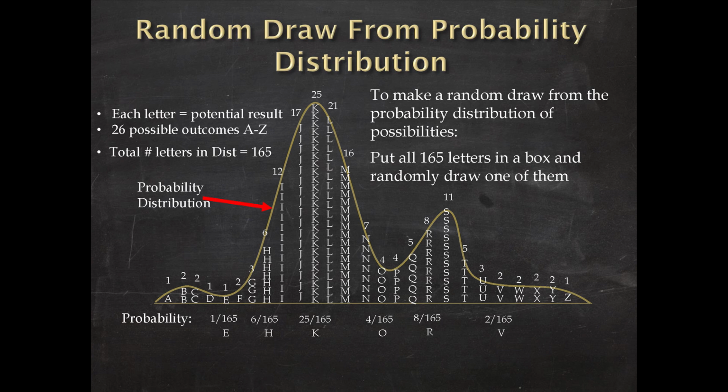All 165 of these letters will go in there. So what's the probability you pull out a K? That's bigger than anything else, because there's 25 K's in the box. Your probability of pulling a K out is going to be a lot bigger than your probability of pulling an A out, because there's only one A in the box. That's a probability distribution, and that's how that works.